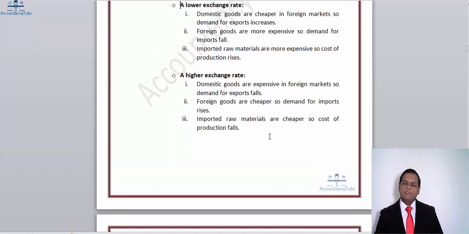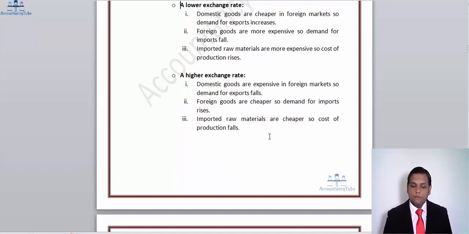Now, the effect of exchange rates on the businesses, the main thing over which we are discussing all of this. If there is a lower exchange rate, the first point is that domestic goods are cheaper in foreign markets, so demand for export increases.